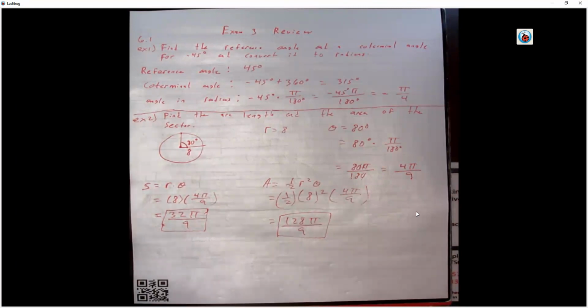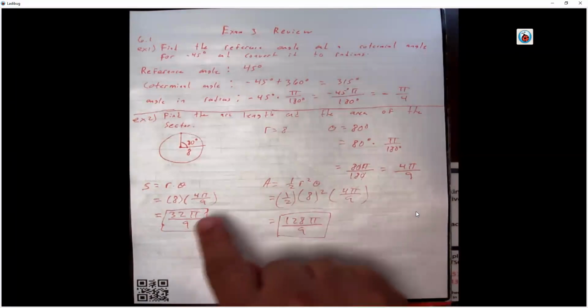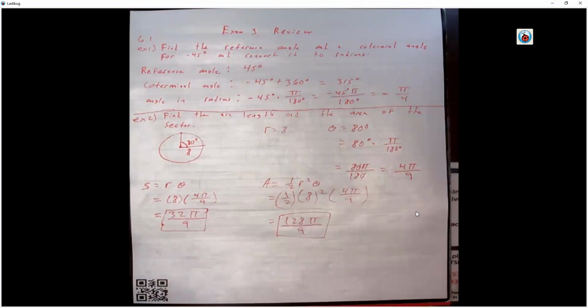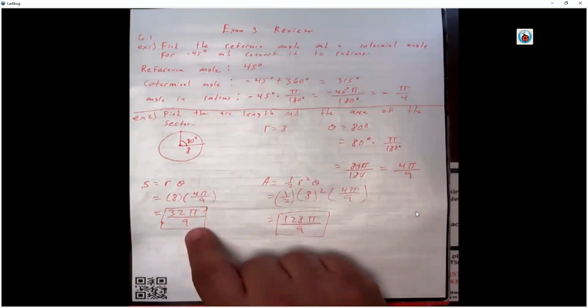When I multiply 4 pi over 9 times 8, 8 times 4, you put 9 on the bottom? Yeah. 8 times 4 is what? 32. And it's not going to reduce with 9, so it should be 32.